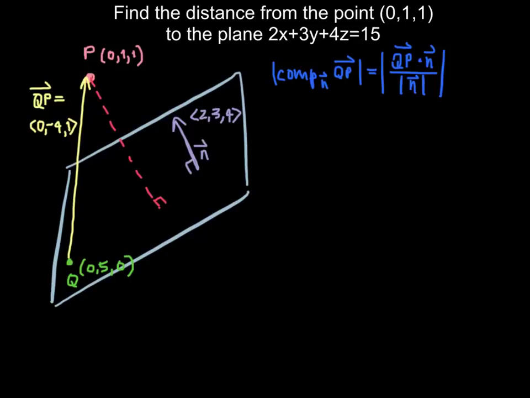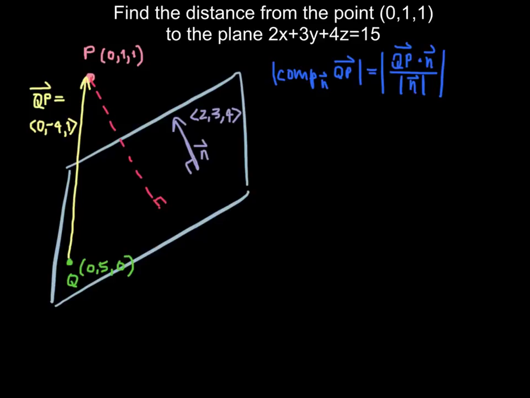And note that our convenient way of drawing this diagram is not necessarily how this is really laid out. So you may actually have a normal vector that's pointing in this direction, down here, so that the component of QP along that normal would actually be negative.